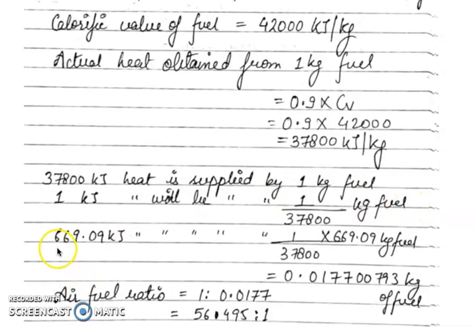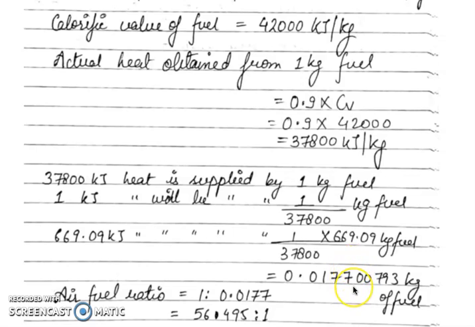And if we need 669.09 kilojoules of heat, which is required for heating 1 kg air, it will be 1 upon 37,800 into 669.09 kg of fuel, and we get it as 0.01770793.